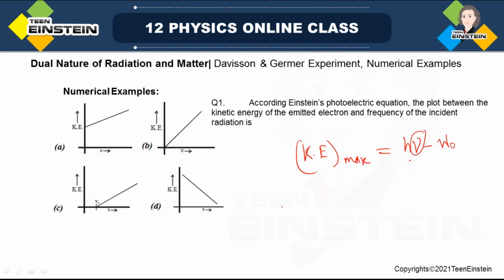Look here, in this experiment there will be a case when you won't have any kinetic energy.